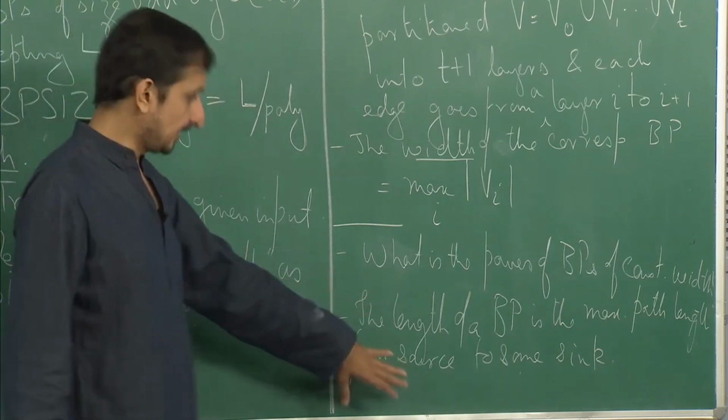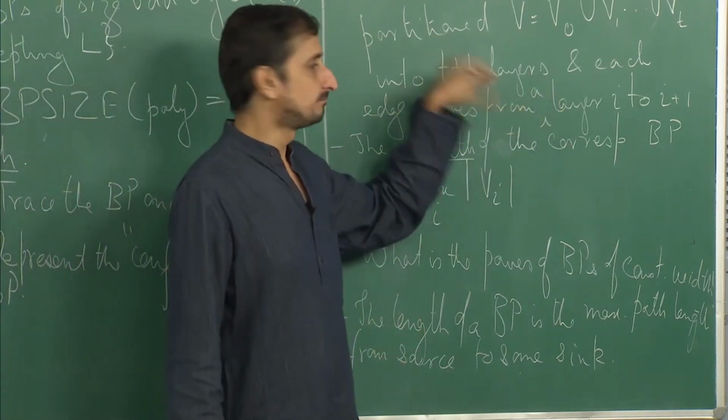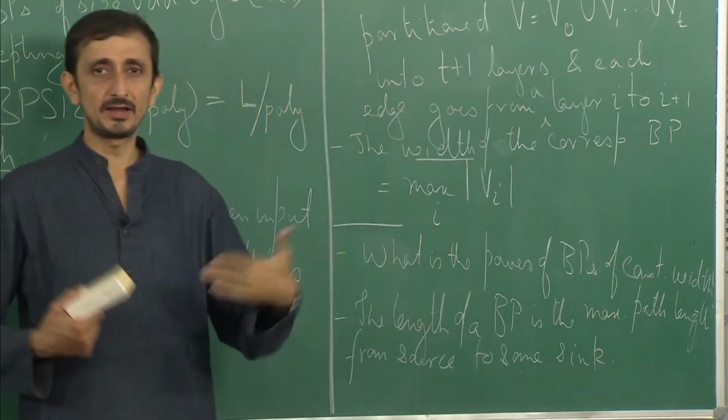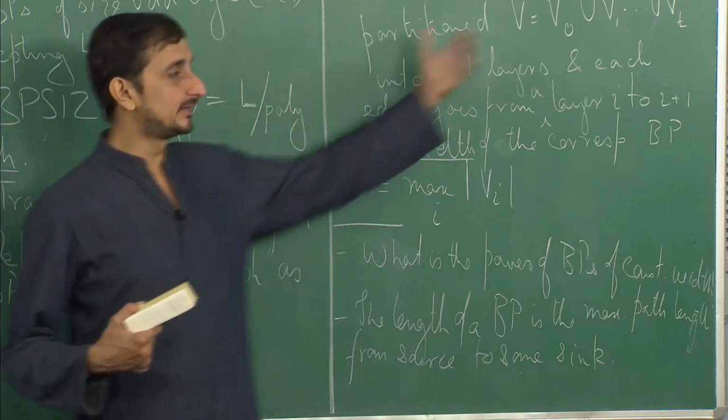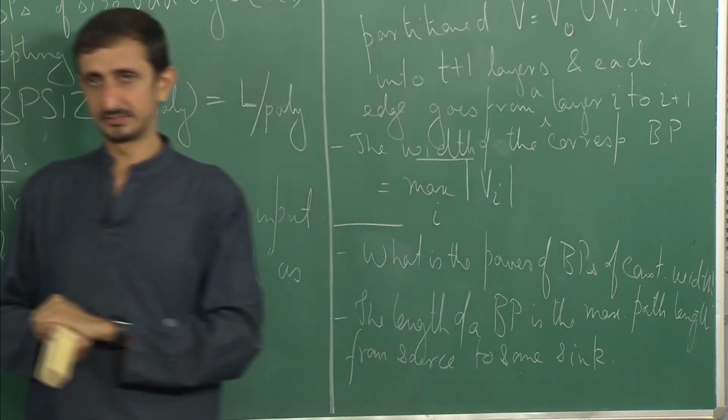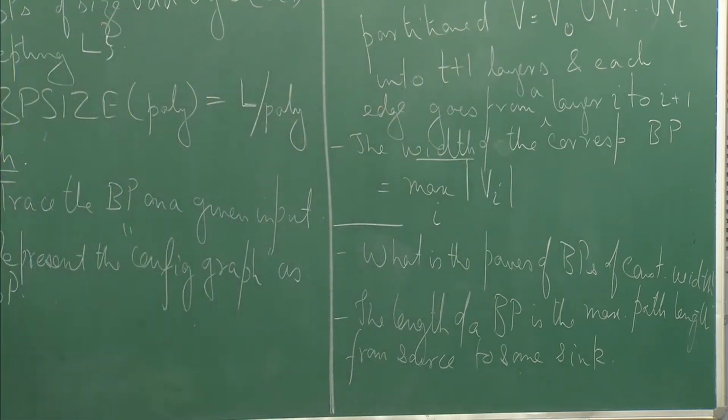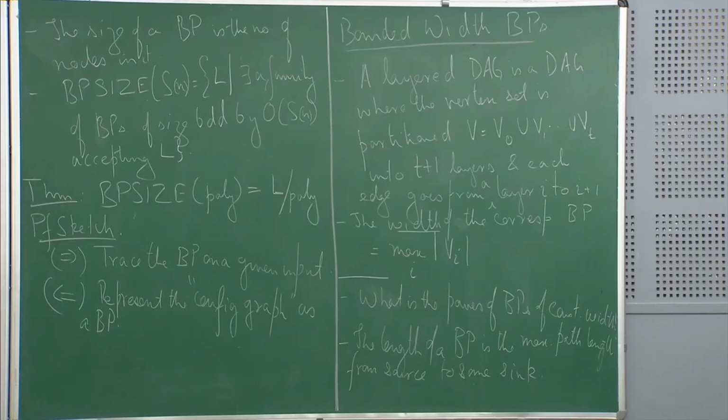In other words, it is bounded by T over here, because you cannot have a path of length more than T if you have a layered branching program. It can be less than T, but certainly not more than T.